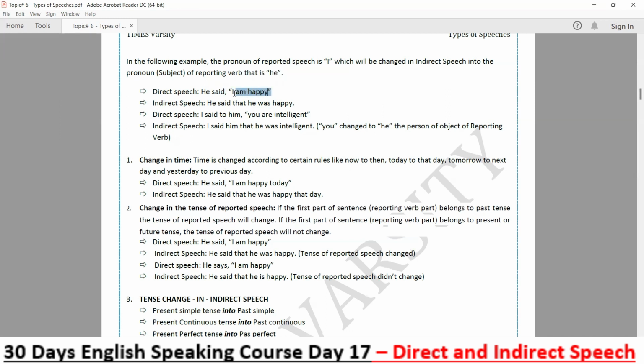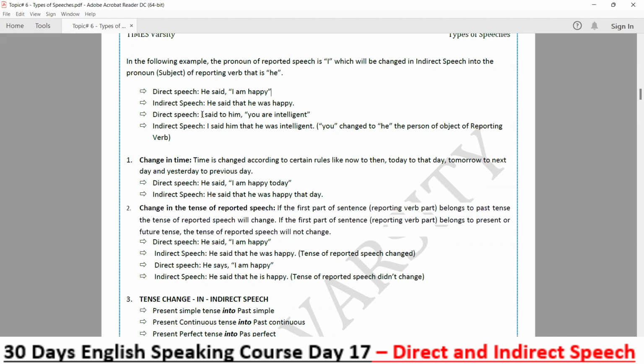So the same thing I can express in another way, which is called indirect speech. I can say that he said that he was happy. Okay, so direct speech, another example. I say to him, "You are intelligent." Indirect speech, I told him that he was intelligent.